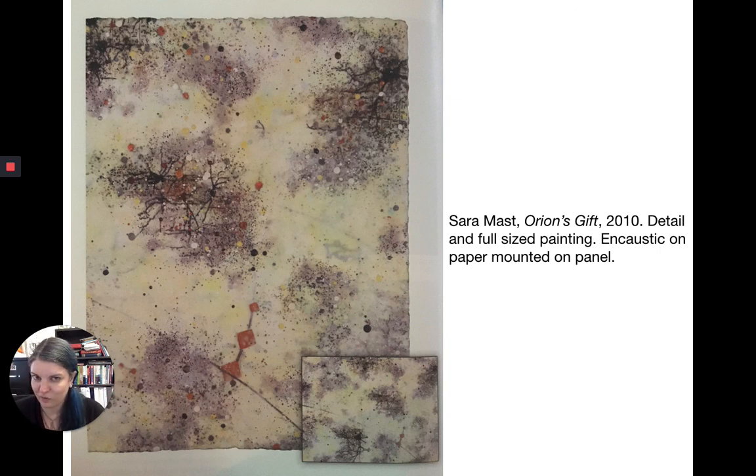In Orion's Gift, which is what this is, Orion is a constellation, and here she's connecting the branching growth of biological forms, particularly the neuronetworking cells in our brains, with the atomic particles in the constellation. She's making that connection by using line and by using dot. Okay, next we'll talk about shape.